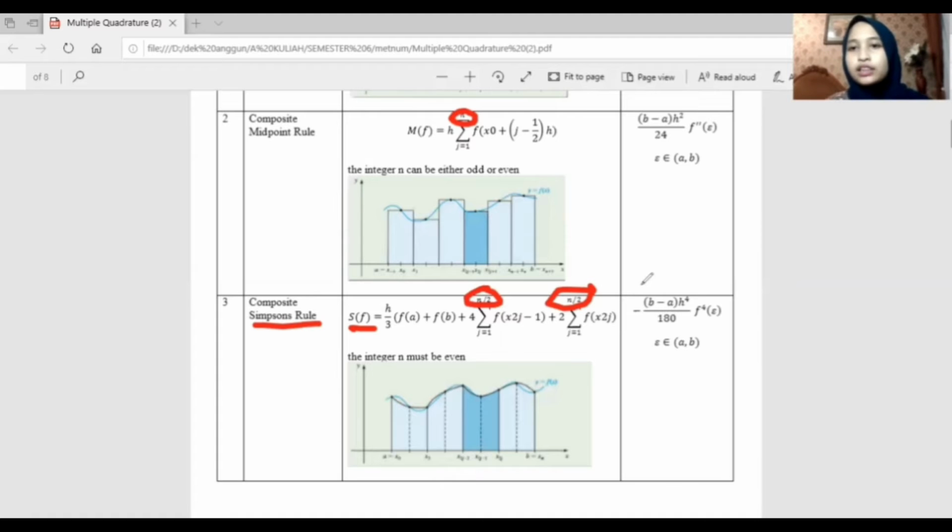We can also estimate the error: (b minus a) times h to the power 4 over minus 180 times the fourth derivative of epsilon, where epsilon is an element of a and b.